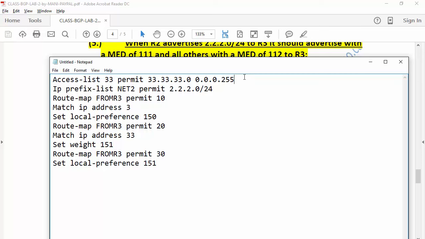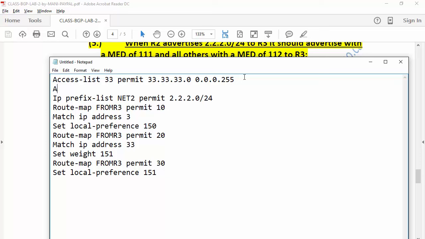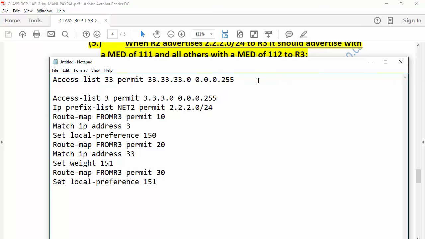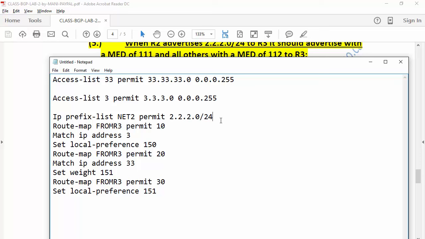We have to define three things. So what I'm doing here: access list 3 permit 3.3.3.0. So we have three definitions. One is access list 33, access list 3, and this I'm using for a different purpose.